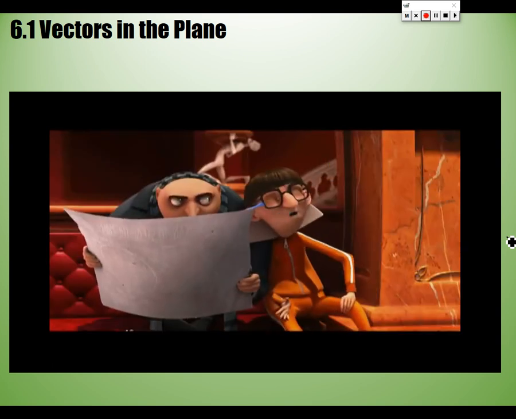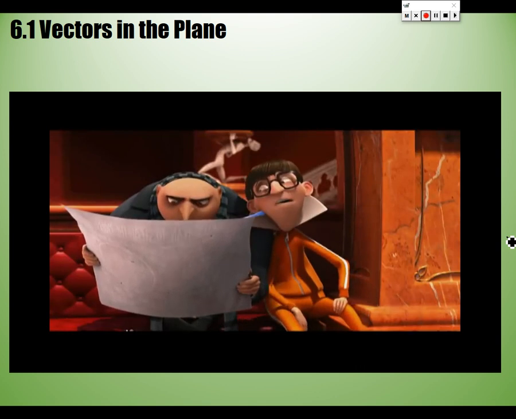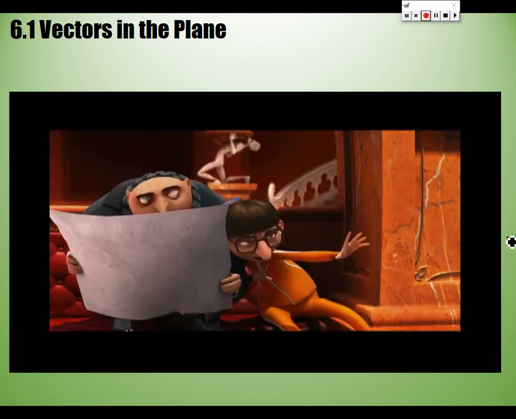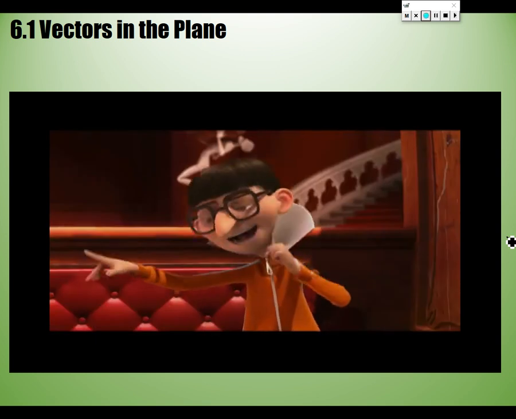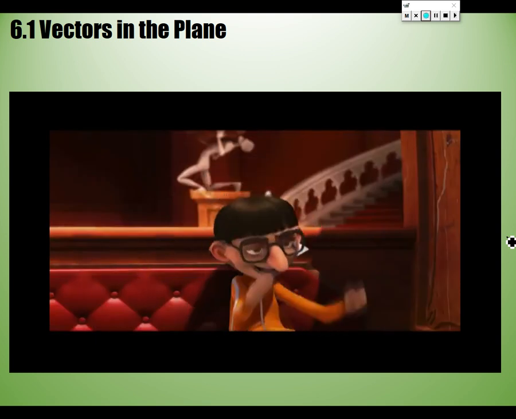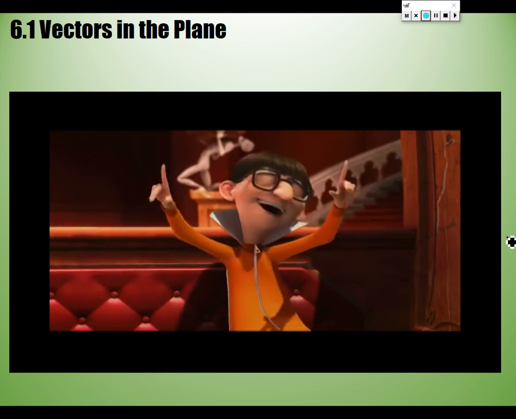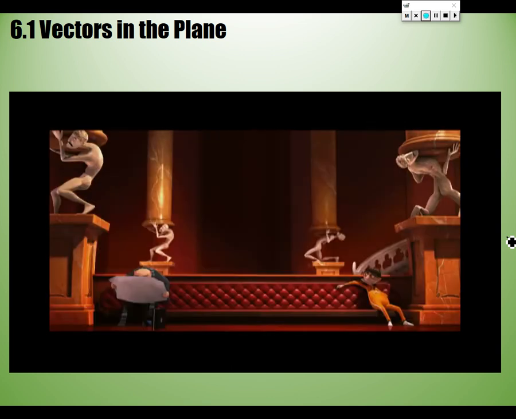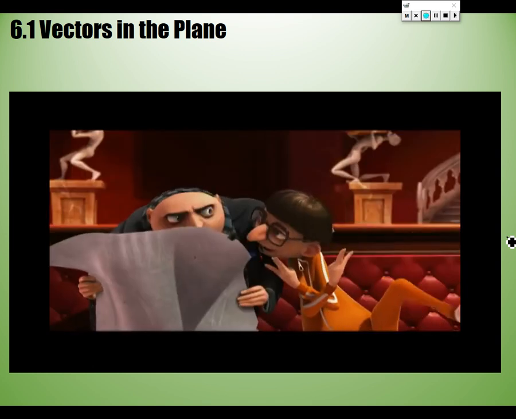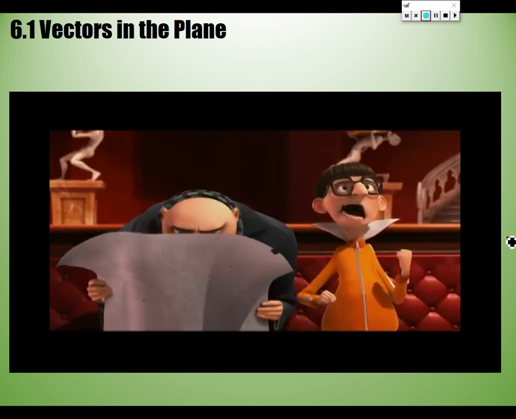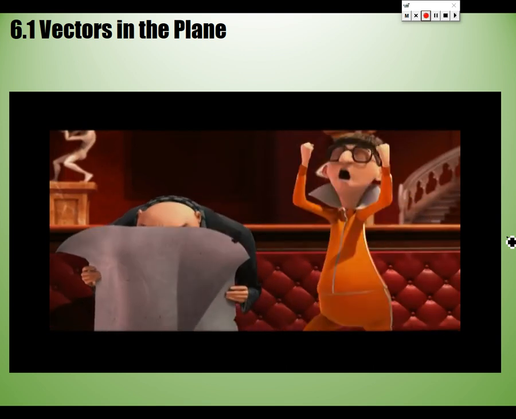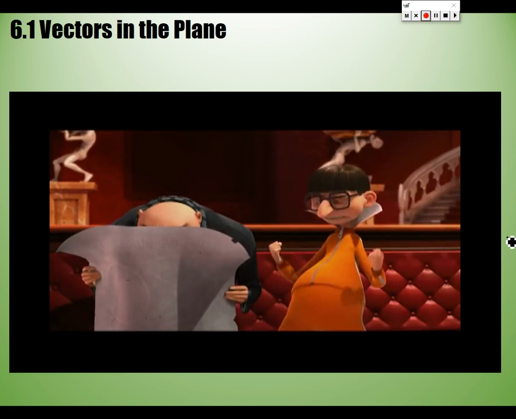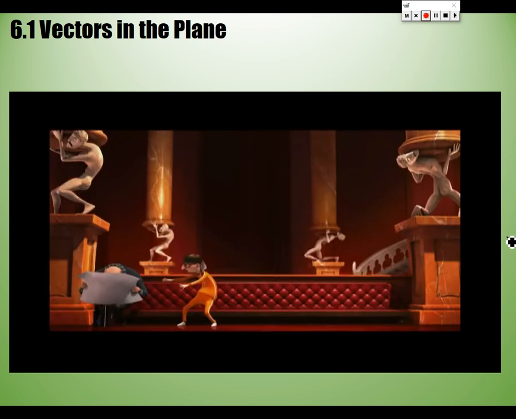I'm applying for a new villain loan. Go by the name of Vector. And it's a mathematical term, a quantity represented by an arrow with both direction and magnitude. Vector! That's me, because I'm committing crimes with both direction and magnitude. Oh yeah! Check out my new weapon.